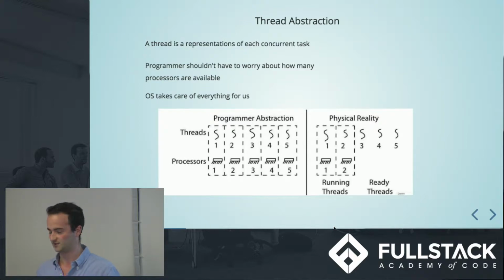Unless you're running something crazy intense on your computer, you're probably not going to notice that not everything's running at the same time. This is because our operating systems are taking care of that for us through processor scheduling. The operating system is going to use some sort of clever algorithm to cycle threads on and off of processors in such an efficient way that we can't even tell that they're not running on the processor the entire time.